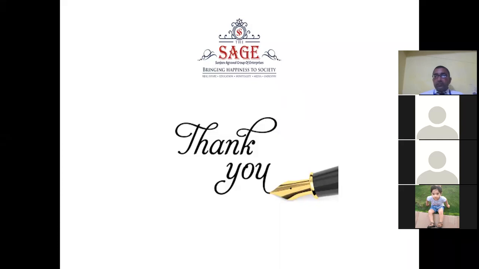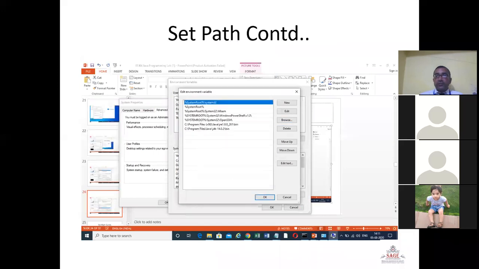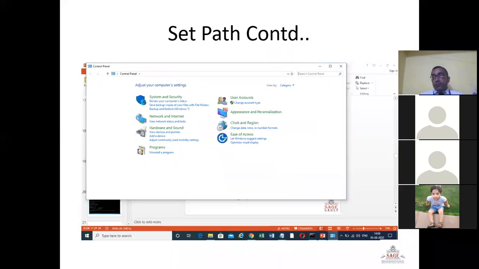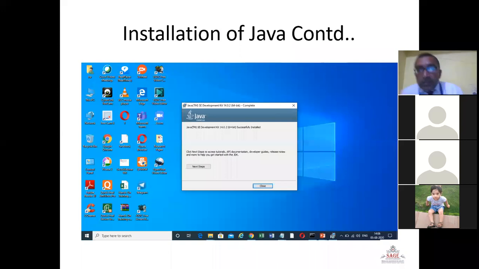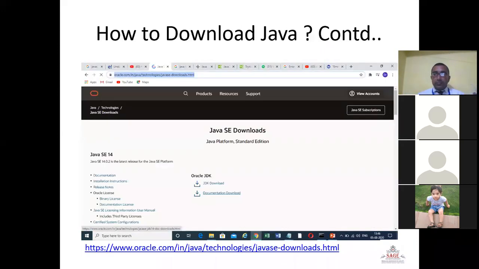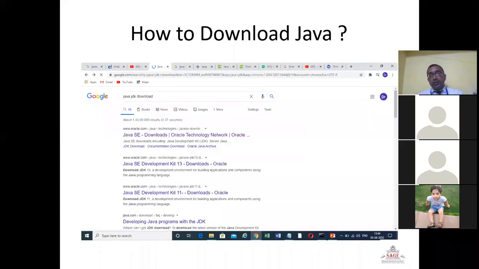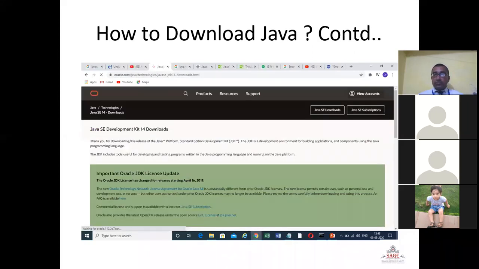I'm repeating again, somewhat fast, from where you can get this. This is the main thing. When you go through the Java programming language, you have to implement this. This was the syllabus. Simply, how to download Java: go to Java JDK download. That is the Java Development Kit.